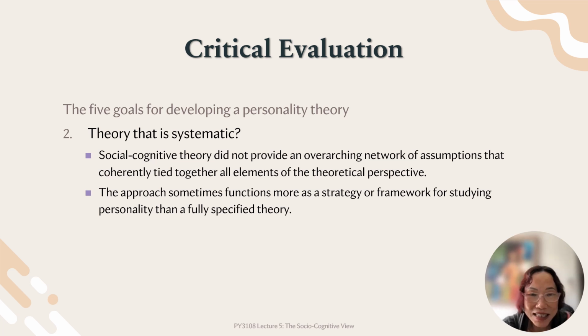Is the theory systematic? Social cognitive theory did not provide an overarching network of assumptions that coherently tied together all elements of the theoretical perspective. This approach sometimes functions more as a strategy or a framework for studying personality rather than a fully specified theory. So maybe a question mark?